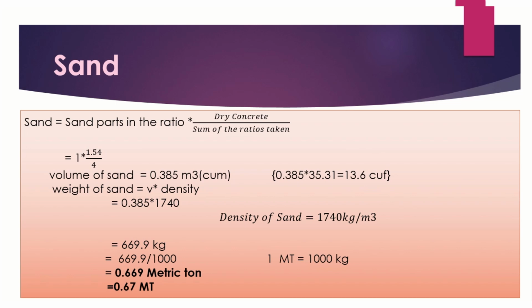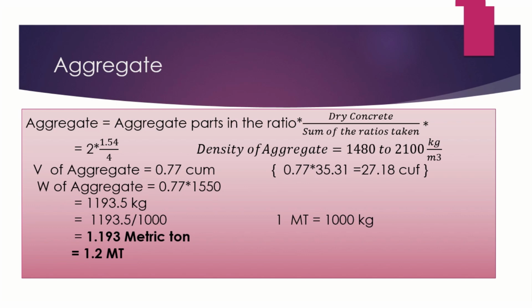Now let's move and calculate quantity of aggregate that is required. In case of aggregate also, aggregate is equal to aggregate part in the ratio times dry concrete divided by sum of the ratio taken. We know aggregate part is 2, we have ratio 1:1:2 for M25.